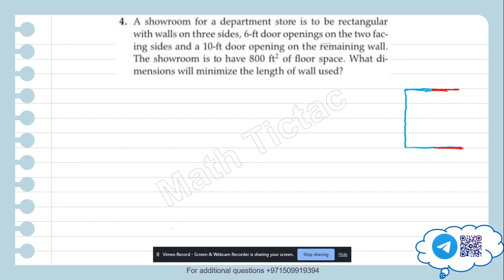Now they are saying 6 feet, so the distances are 6 and 6.